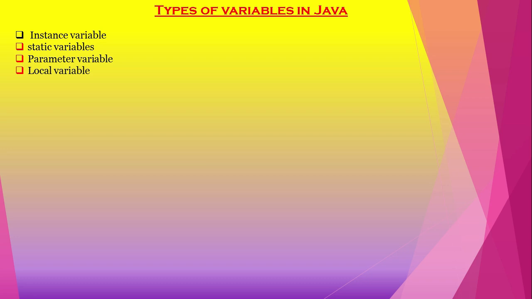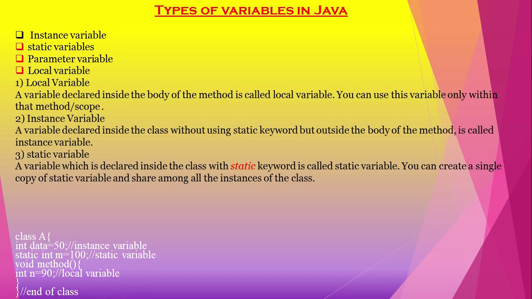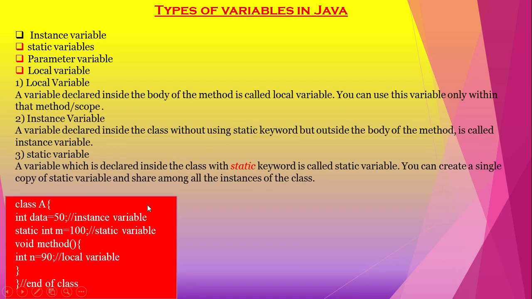Here we are going to discuss the types of variables. In order to make you understand what these types of variables are, see instance variable. Just after the class declaration, an instance variable is declared. A static variable is also declared just after the class declaration only.